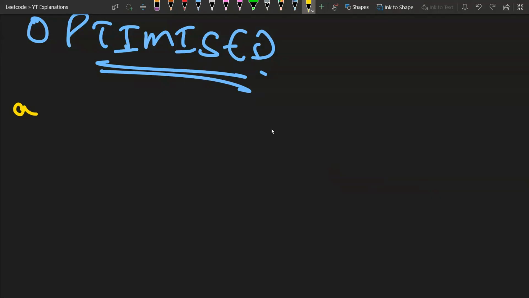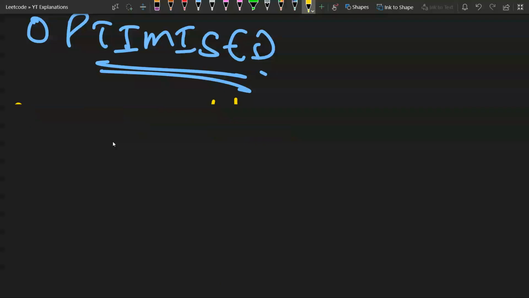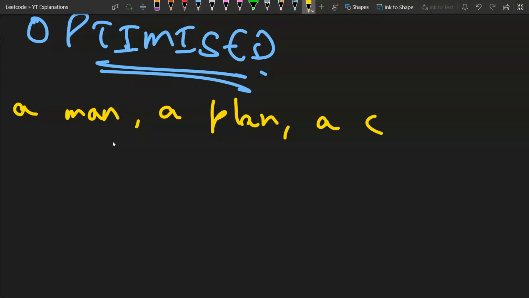So: a man, comma, a plan, a canal, Panama. Okay, so this is a string, and if you just read it from left to right and from right to left, it spells out the same thing.